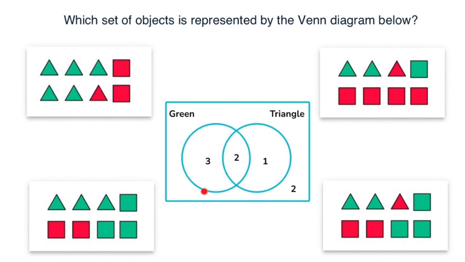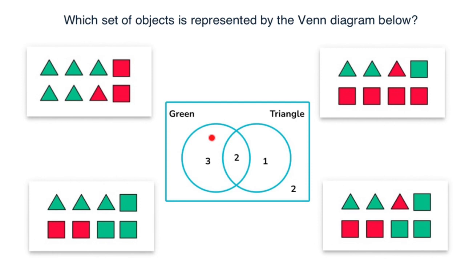Here is another circle, with one unique object that belongs to this circle, and two that have properties of both this circle and this circle, which makes these two objects unique. We also have two objects outside these two circles that don't belong to either and have their own properties.